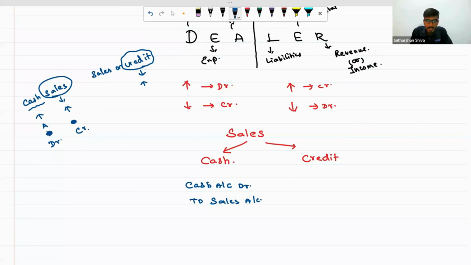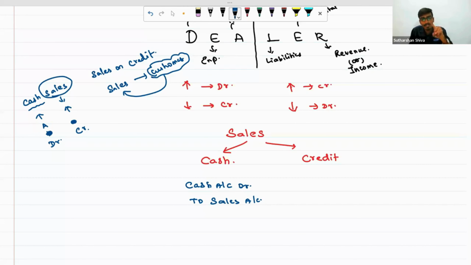Yeah, sales on credit. That is a transaction where the sale is made to the customer. So this customer needs to pay back the amount. For the customer it is a credit. From my seller point of view, it is something which I need to receive, so I will treat it as an asset. This customer will act as a debtor.